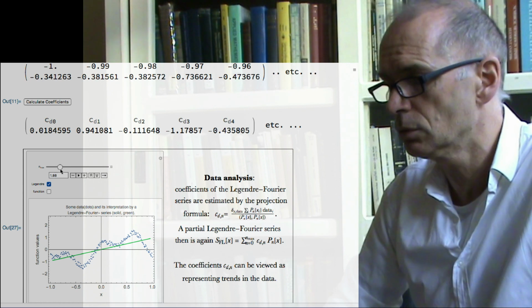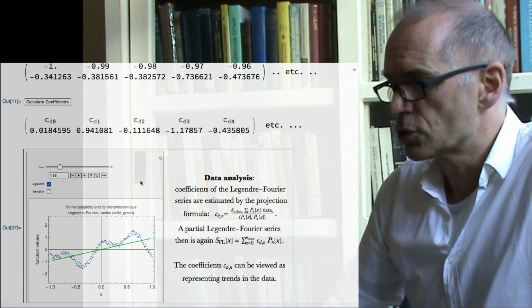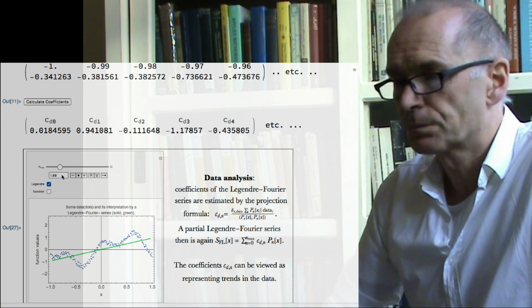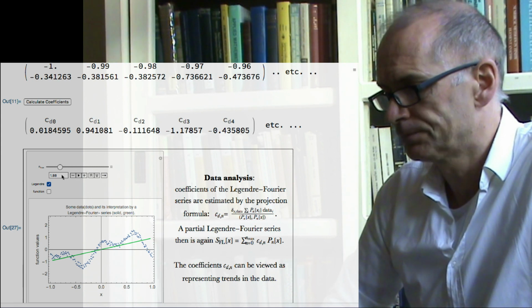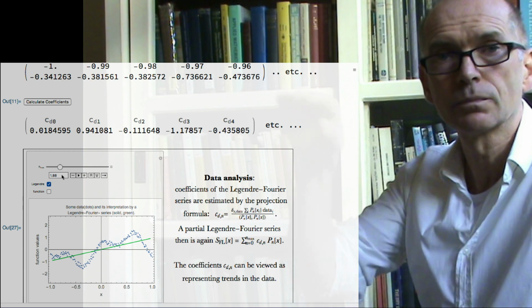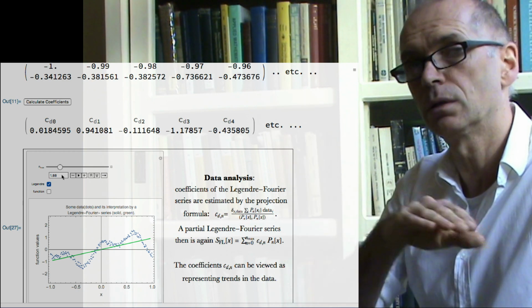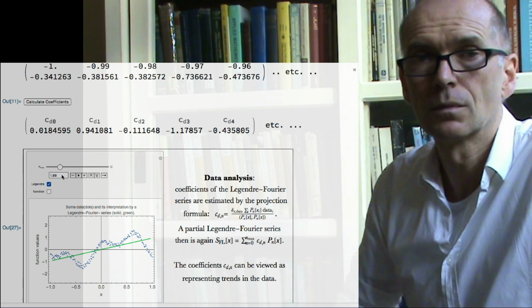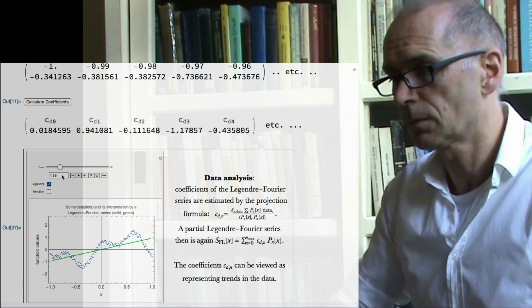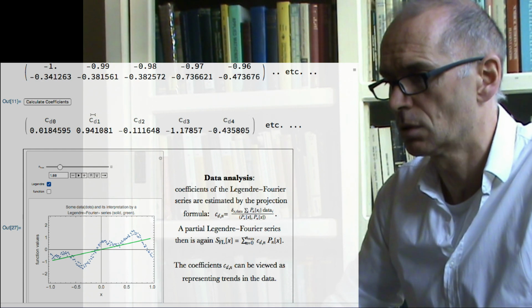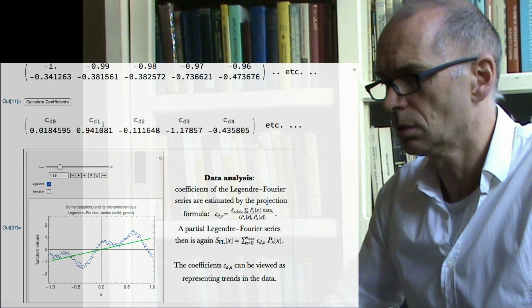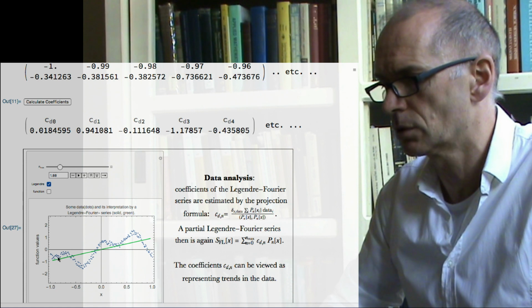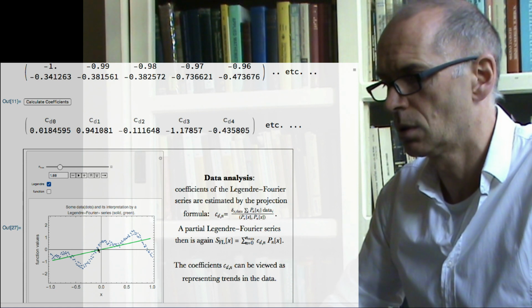For example, if you take this series and take only the zeroth and the first term into account, you get a straight line. And it shows you that there's a tendency, a trend in the data to be skew, asymmetric. And that is the coefficient of the P1. This coefficient tells you that slope.